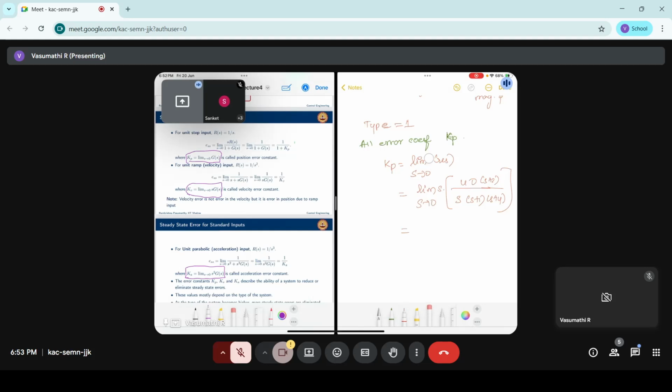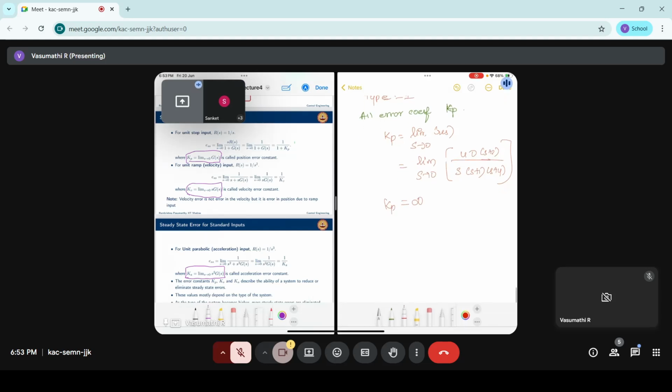Sorry, there will not be any s for Kp. So when you put s equal to 0, you will get 40 by 4 times 2. Kp will be infinity, right? Anything by 0 will give you infinity. Yes, it will be infinity only.